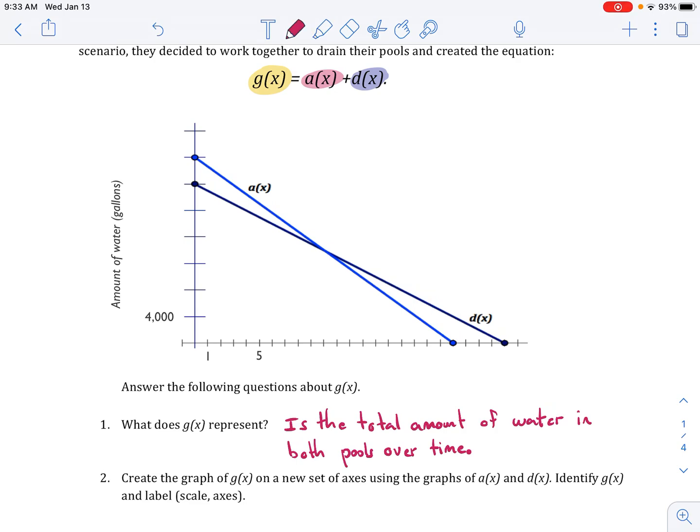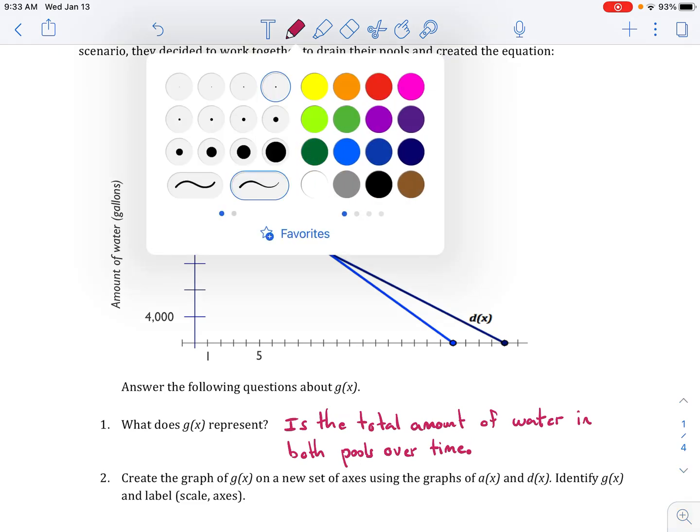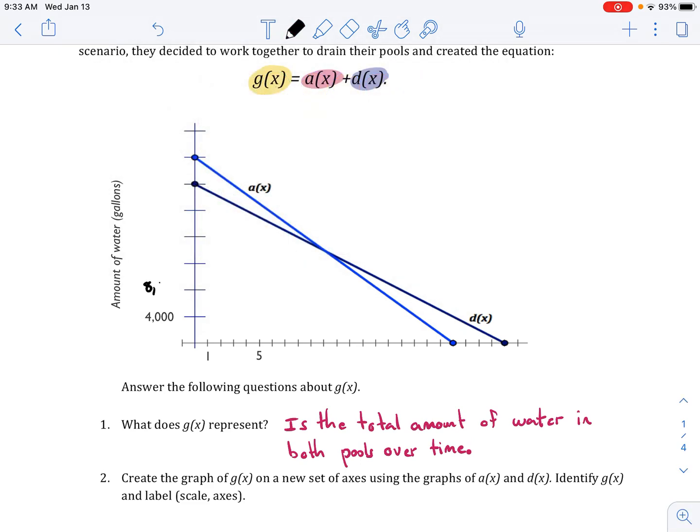So if this is 4,000, 8,000, it's going to be 12, 16, 20, 24, 28. So Allie's pool, I guess I probably should have made this one blue. It's too late. I'll go this way.